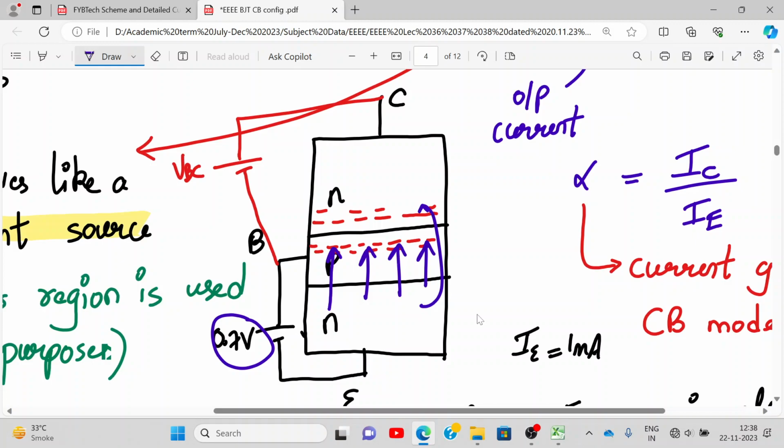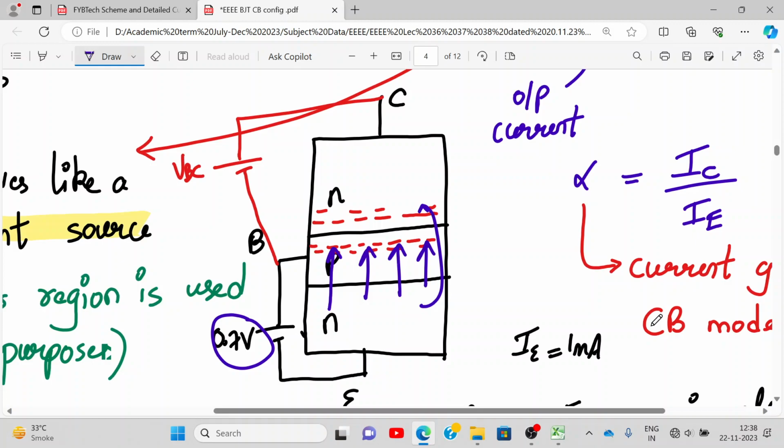So we are not getting any additional carriers. In fact, the number of carriers is reducing at the collector side. And that is exactly what is happening over here. The collector current is almost constant. Almost means if IE is 1 milliampere, the collector current is 0.99, very, very close to each other. Okay, now did you understand why the collector current remains almost constant? In fact, it's slightly less.